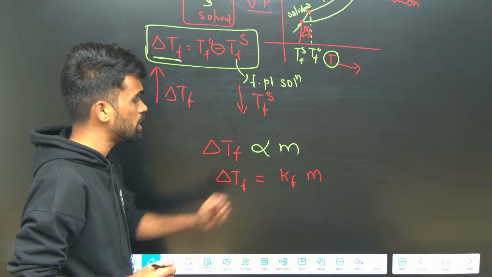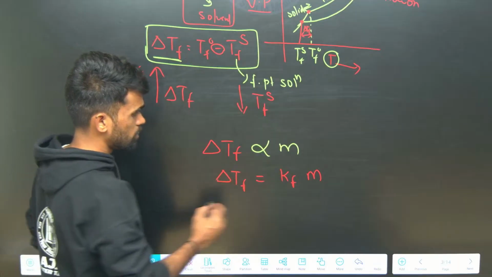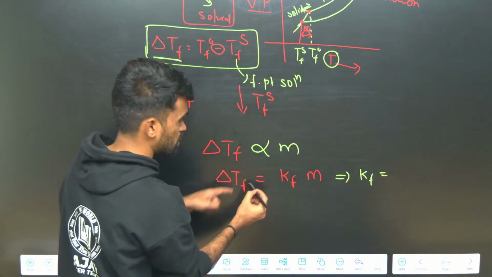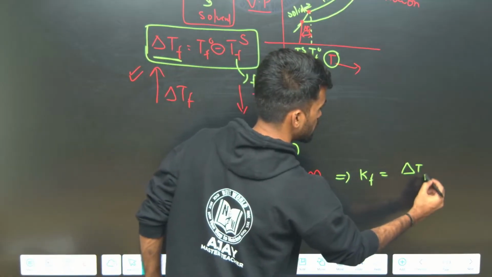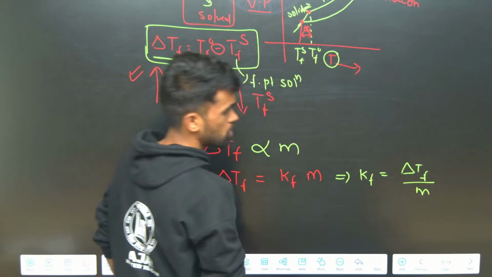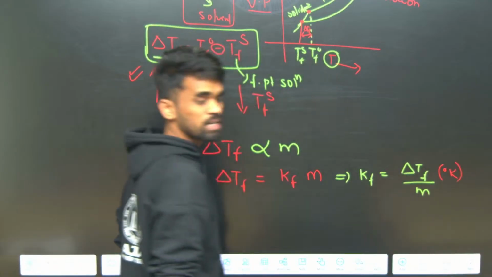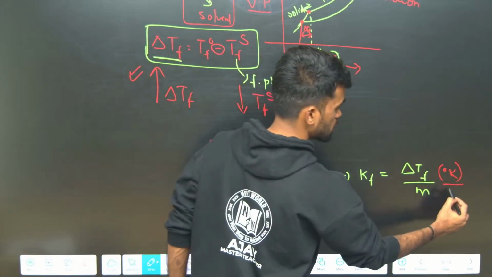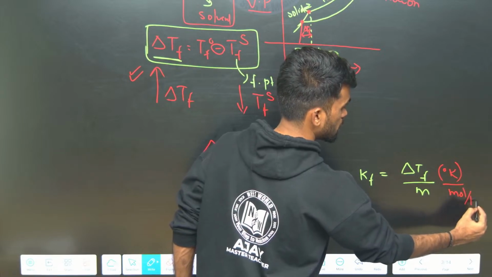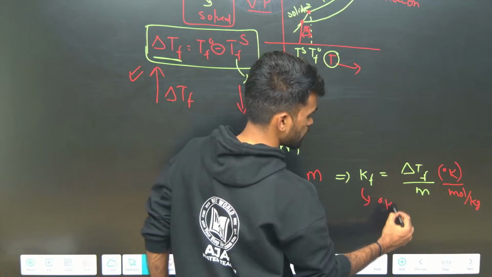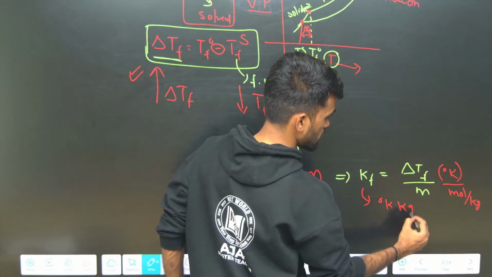Now what is the unit of this Kf? See here, if someone asks you how you can derive this, Kf equals delta Tf by m. That's it. Delta Tf is in Kelvin, and molality is mole per kg. So the unit of Kf is Kelvin multiplied with kg per mole.